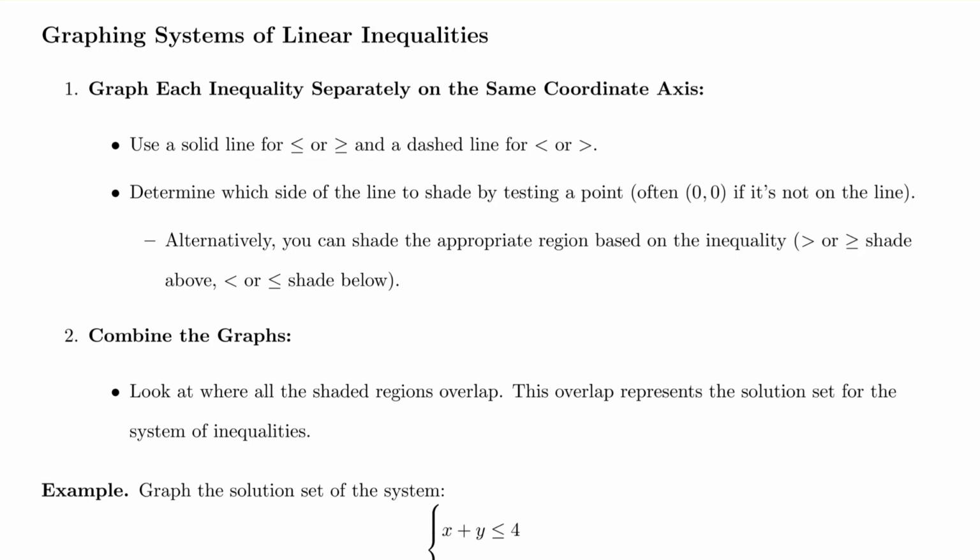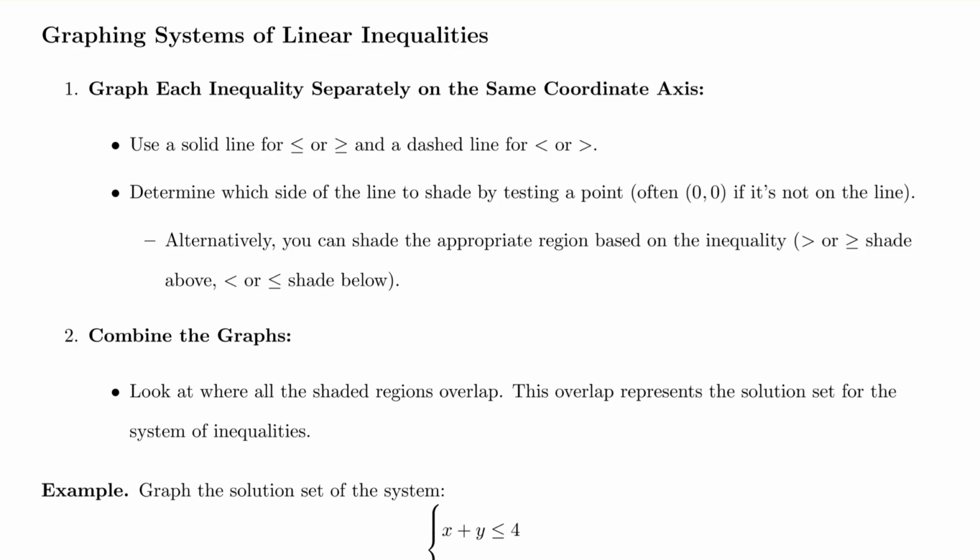Now we're going to add another layer to it. Y'all saw in a previous section, we talked about systems of linear equations, so we graphed two lines intersecting together. Now we're going to take what we know about graphing intersecting lines and what we now know about inequality shading to the right section, above or below, left or right, and we're going to layer that information and talk about systems of inequalities.